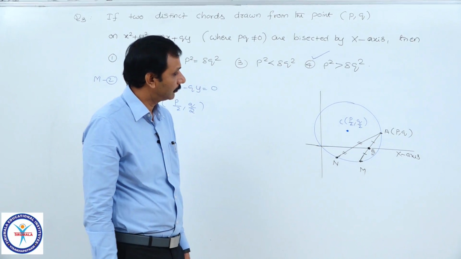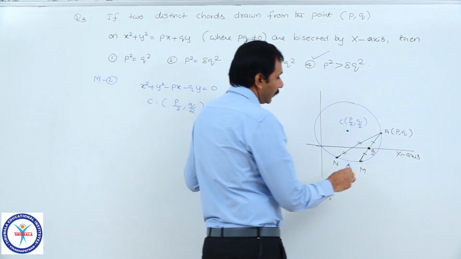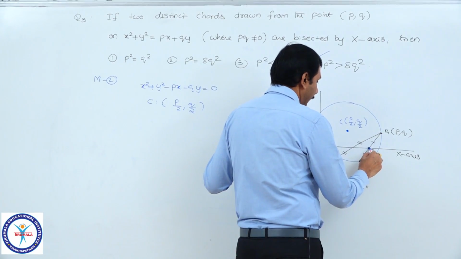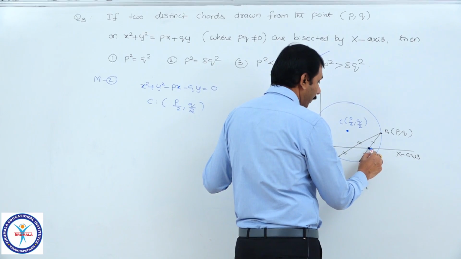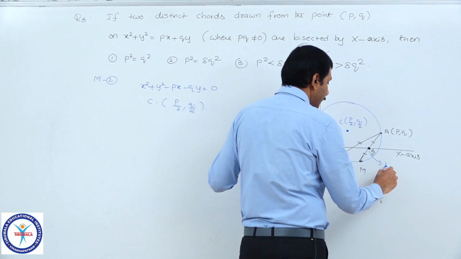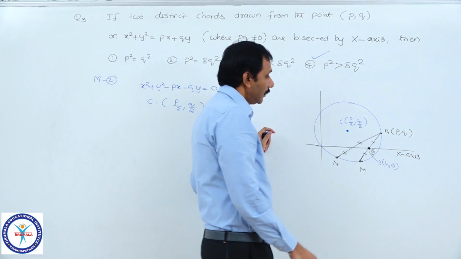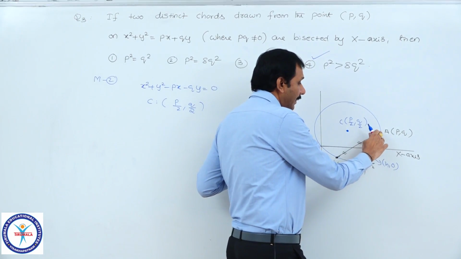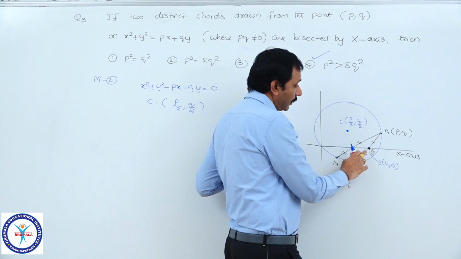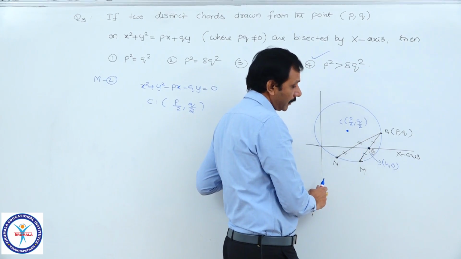Now, I will take the coordinates of this point B as h comma 0. Since this bisects this chord, B is a midpoint.